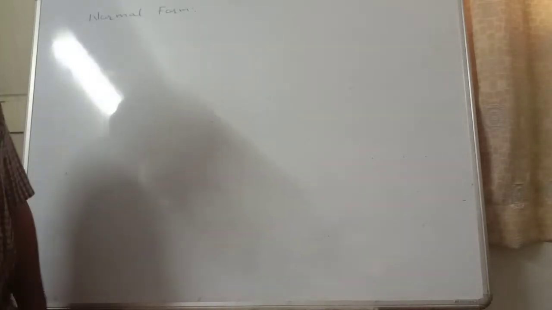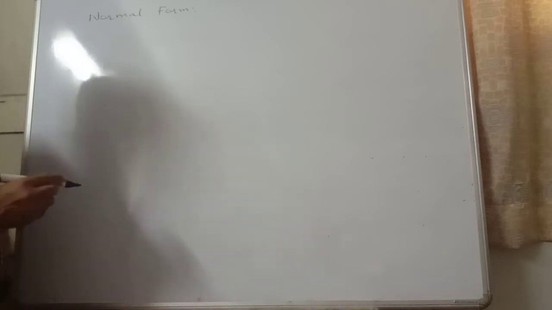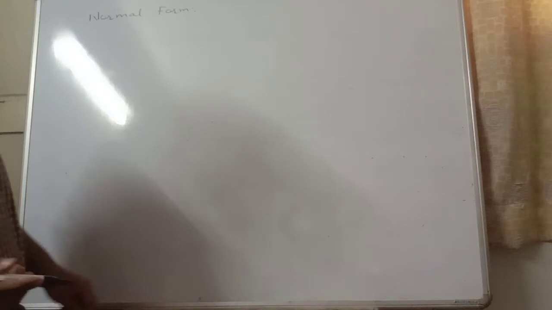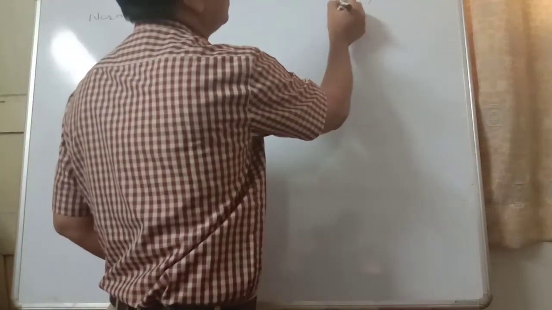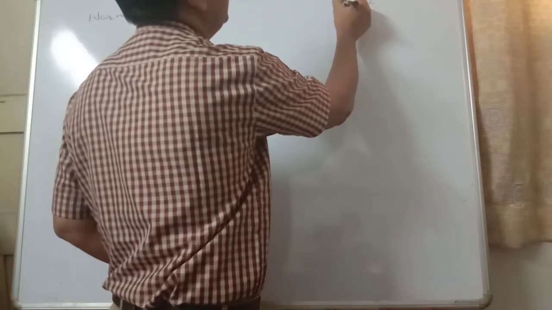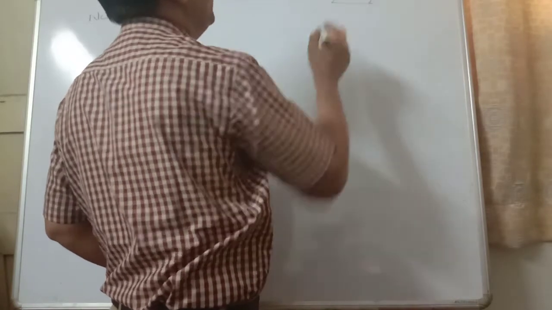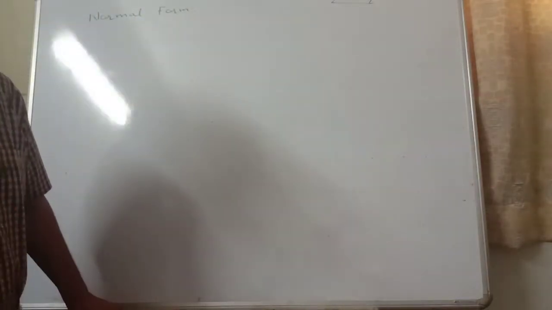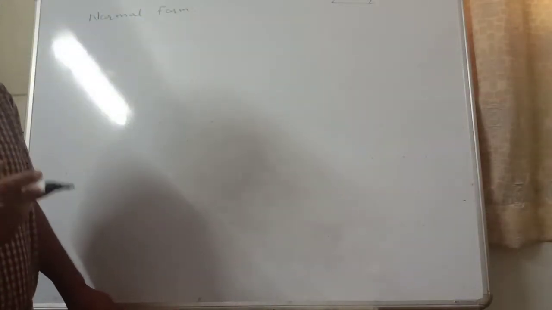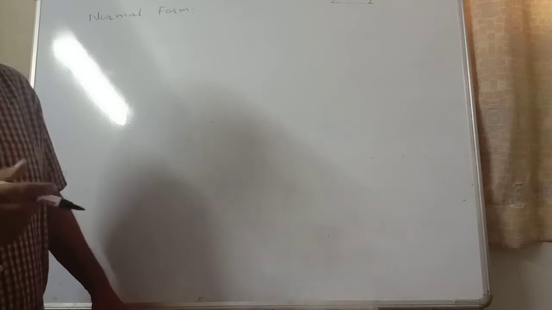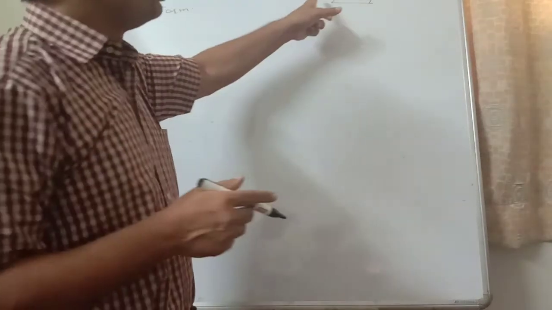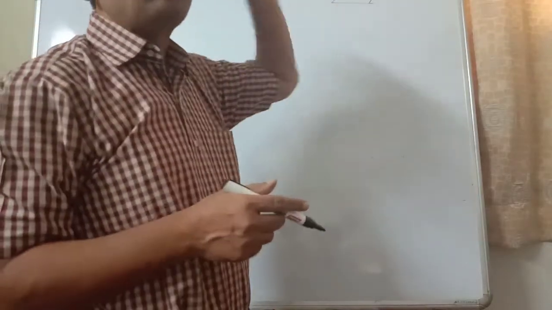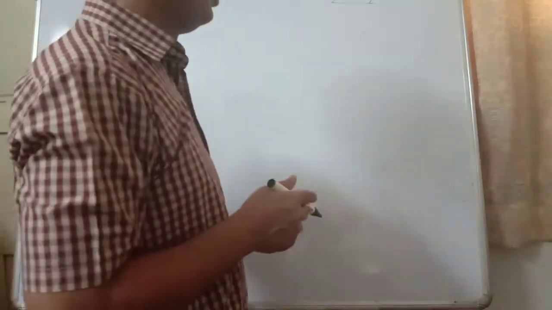If we know the vector normal to the plane. A line normal to the plane means it is a line which is perpendicular to that plane. If a line is normal, perpendicular to the plane, then that line is perpendicular to any line in this plane.